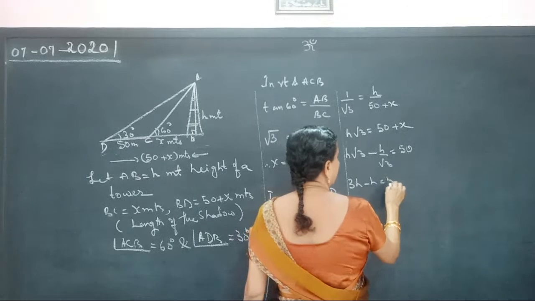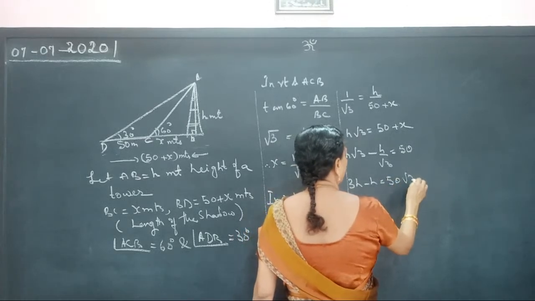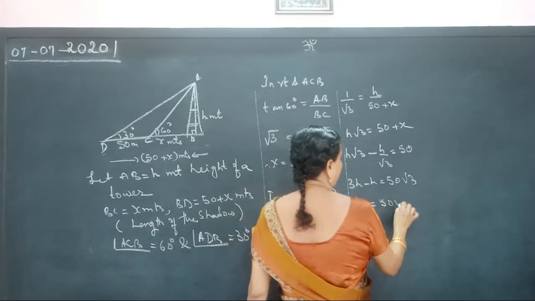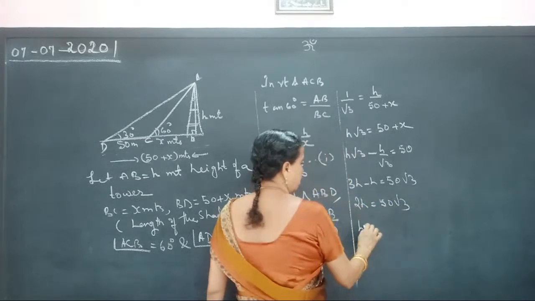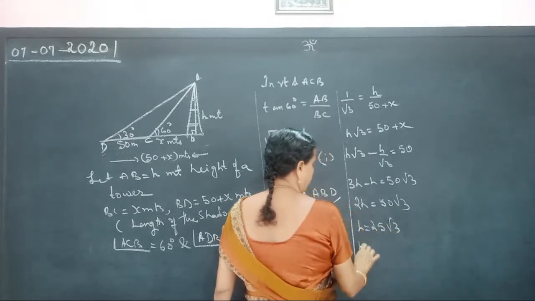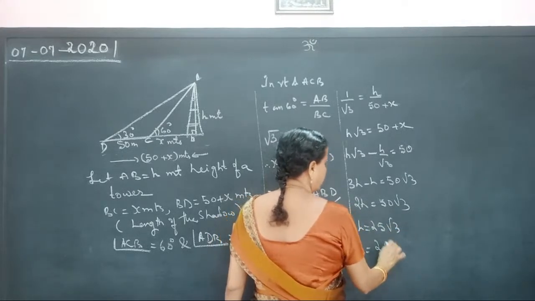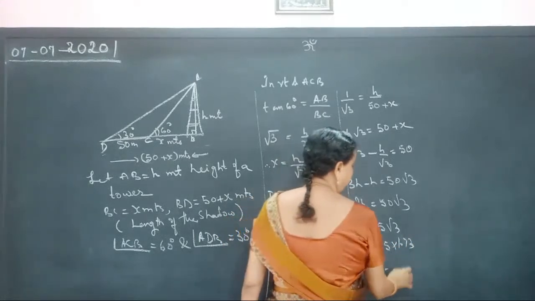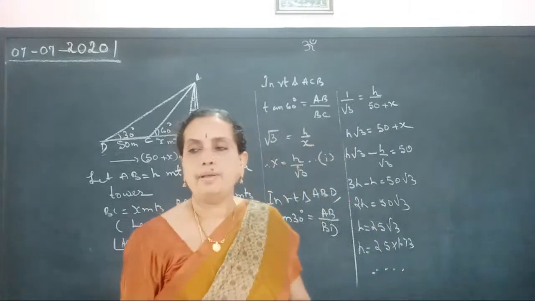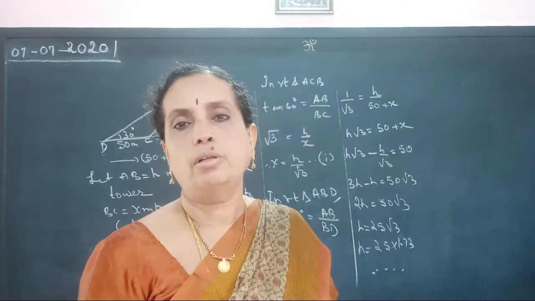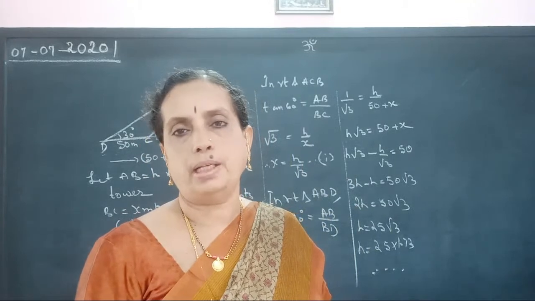H equals 50 root 3, 2h equals 50 root 3, h equals 25 root 3. Substitute root 3 value as 1.73. I think in the previous worksheet also this question was there. Here also, no problem, you will get a repetition.